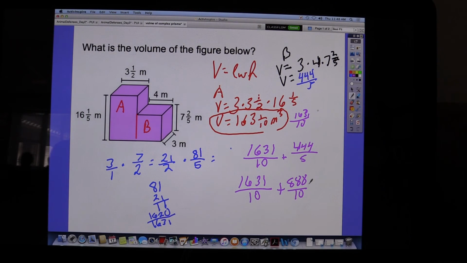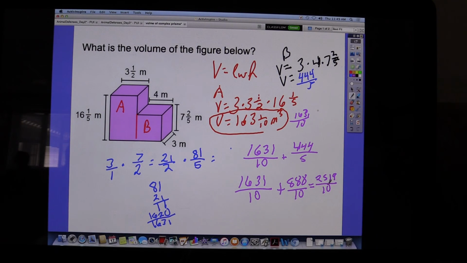I'll add those together. Okay, and I'm going to use a calculator on this adding. I've got a calculator handy, so let's see, 1,631 plus 888 equals, and this is going to be a big number, 2,519 over 10.